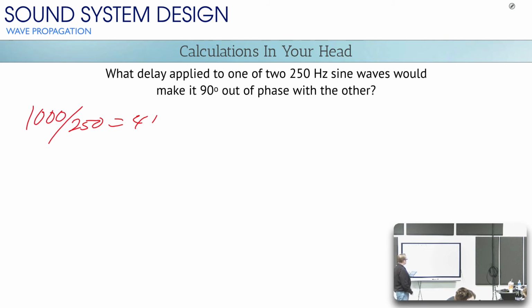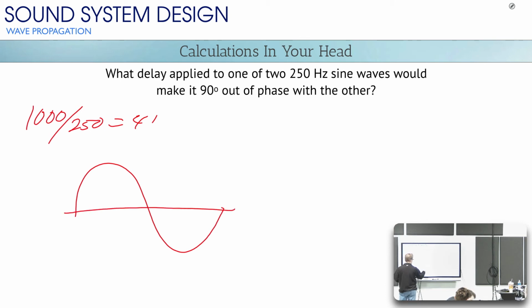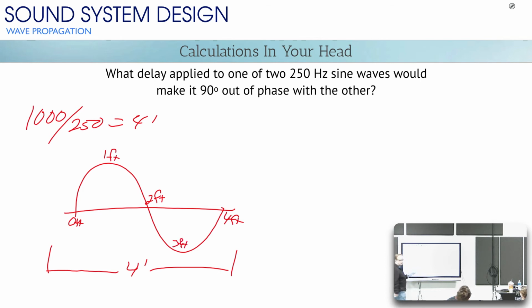So we're talking about a wave where here's your cycle, and this is 4 feet total, which means this is 0 feet. This is 4 feet. This is 2 feet. This is 1 foot. This is 3 feet, right? See what I'm getting at here?